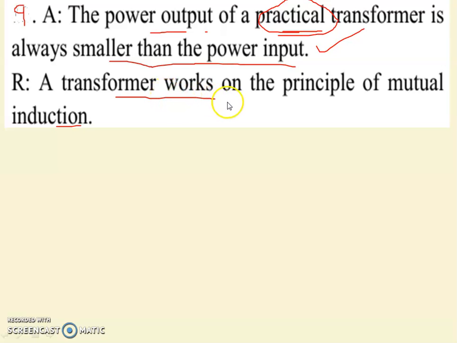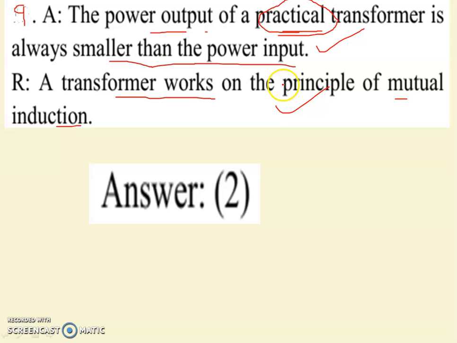The reasoning states that the transformer works on the principle of mutual induction. It is also correct. But this is not giving the correct explanation of the assertion. Mutual induction is the principle of a transformer, and efficiency less than 1 is for practical transformers, but it is not giving the correct explanation. So option B or option 2 is correct.